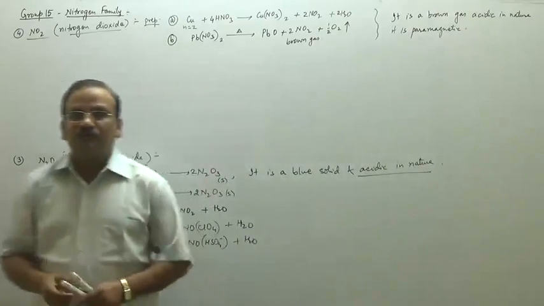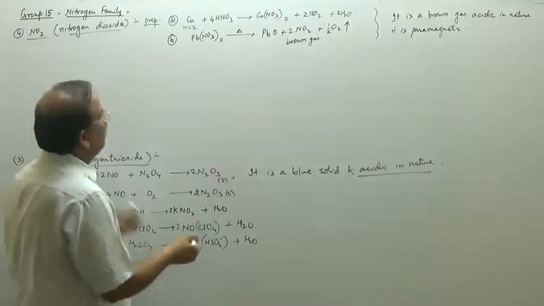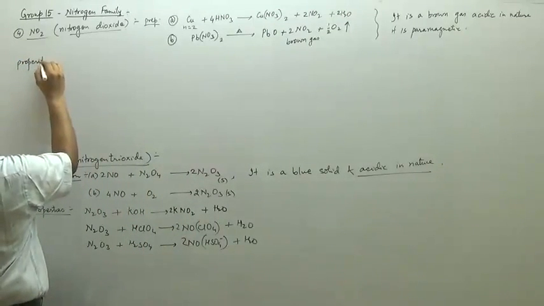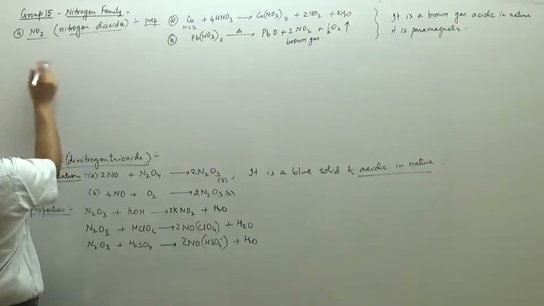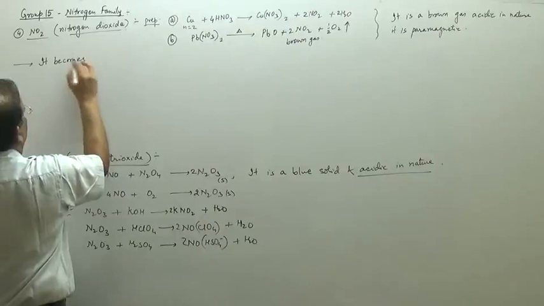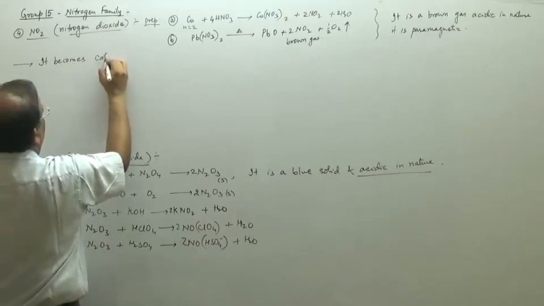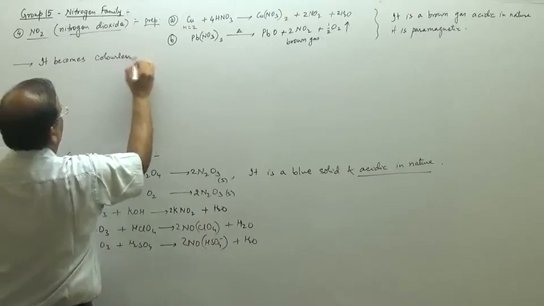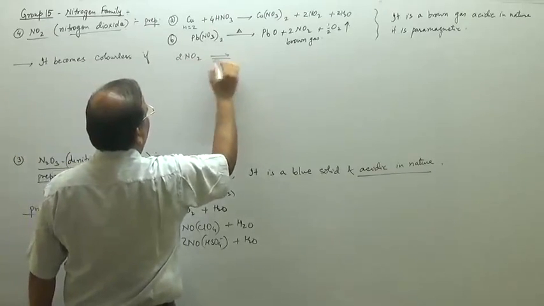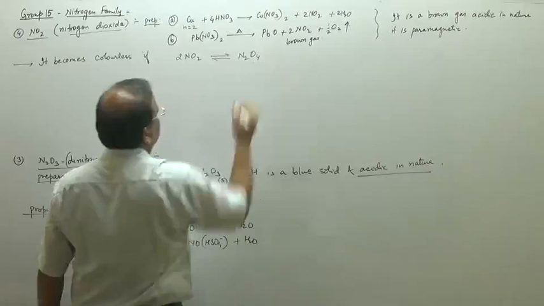It is a brown gas which will form a colorless substance. Or you can write directly that it becomes colorless. Twice NO2 will be in equilibrium with N2O4, which is a solid, we say.